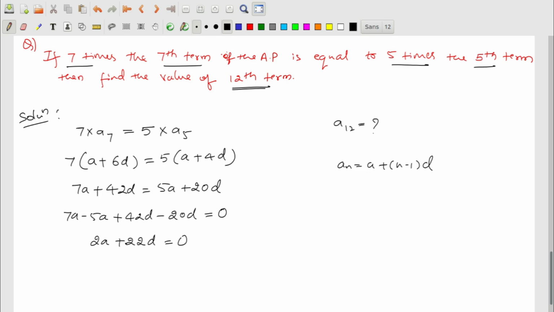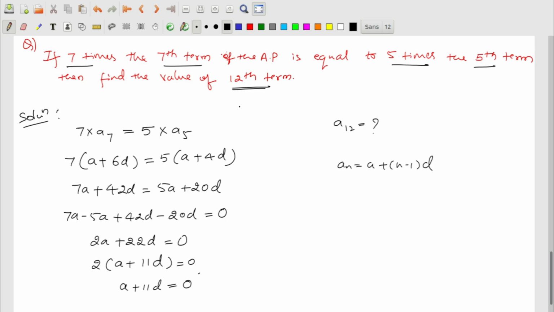Here 2 is common in both the terms, so I will take 2 outside, then you will be left with a plus 22 divided by 2, that is 11d, is equal to 0, right? So take the 2 to the denominator on the RHS, you will be left with a plus 11d is equal to 0. Fine. You can't simplify this further.